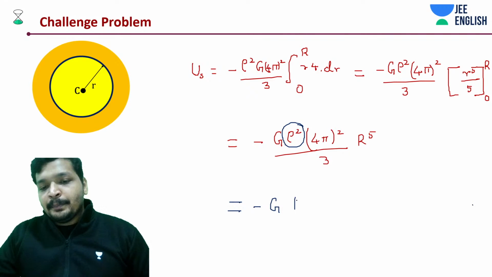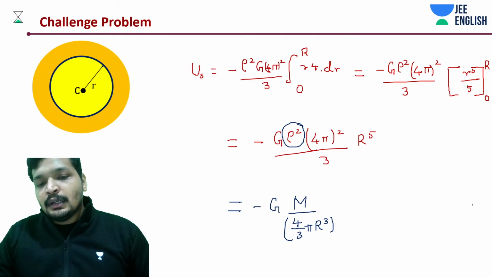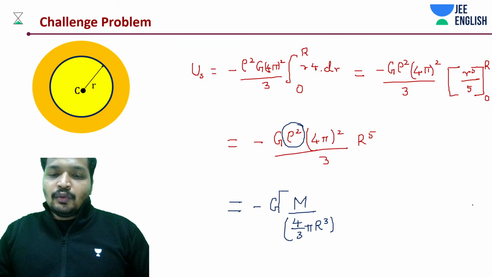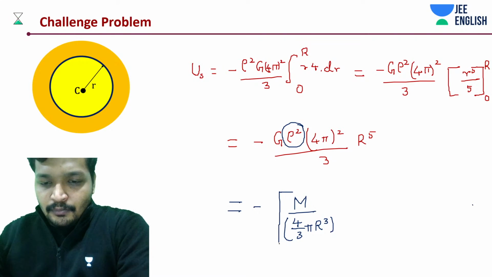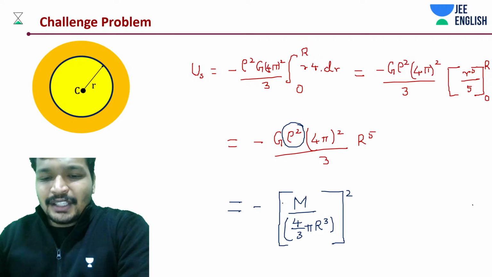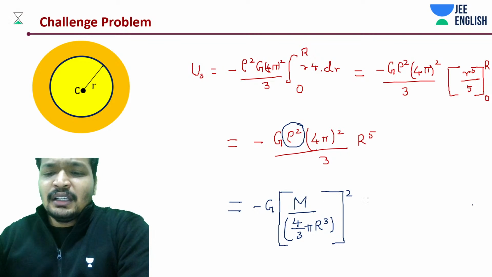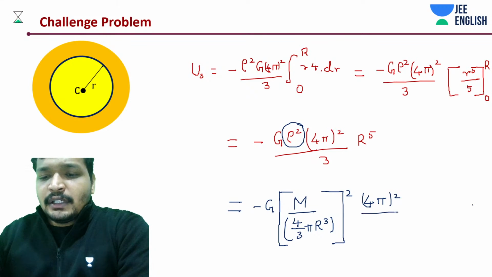It was m by 4 by 3 pi capital R cube, and this whole term square, right? It's a simple simplification, that's all.